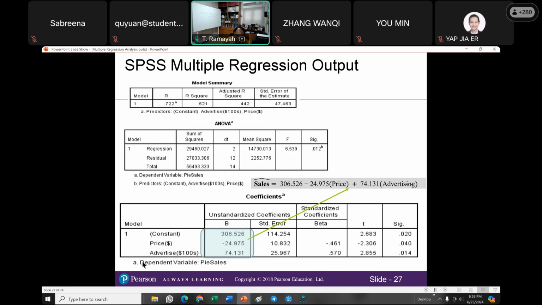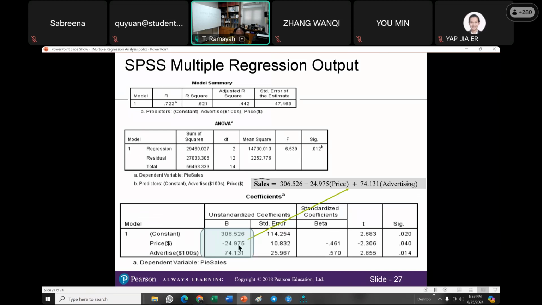The dependent variable is pi sales. So we can put sales equals to the first value, which is called a constant. We write 306.526. This is the number. And then minus 24.975, which is this one, right?